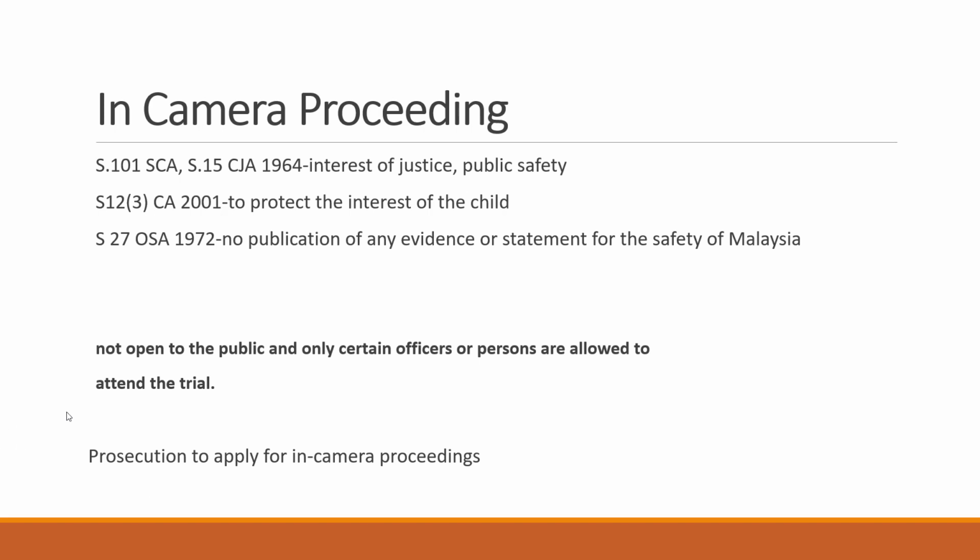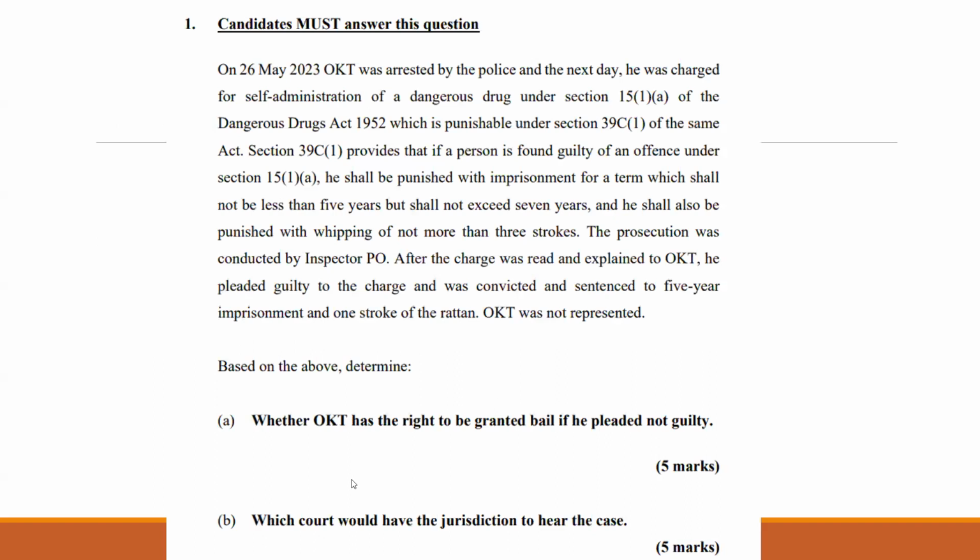Okay, you will be sent to jail. Okay, and most of the time, the prosecution has to apply for in-camera proceedings. Okay, if the judge is satisfied it is in the interest of justice, usually it will be allowed. Otherwise, it will be public access, that means open court proceeding.